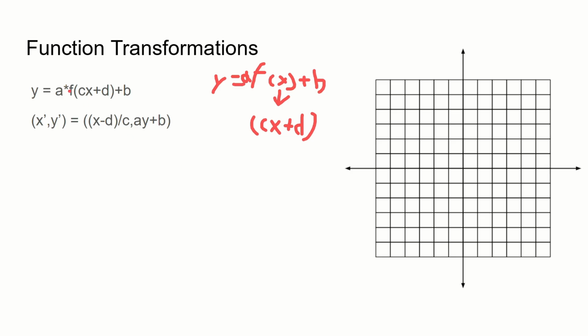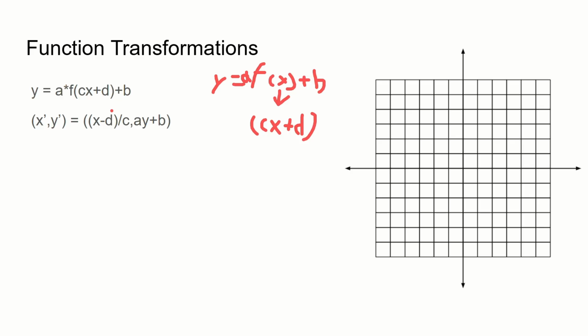But generally, if we're looking at the outside, we'll change the y. Whatever we multiplied by, we'll multiply the original y by, and whatever we add, we'll add. And then inside, whatever we add will be subtracted, and whatever we multiply will be divided.